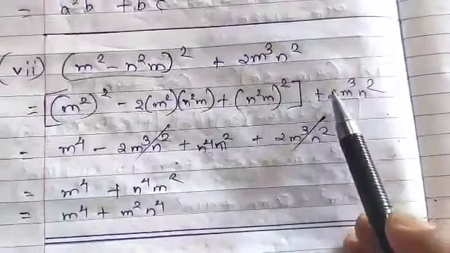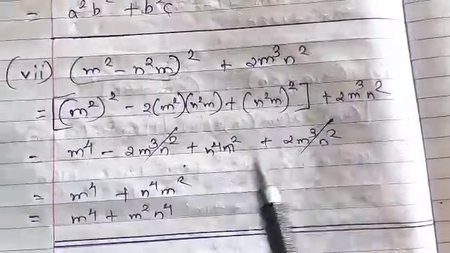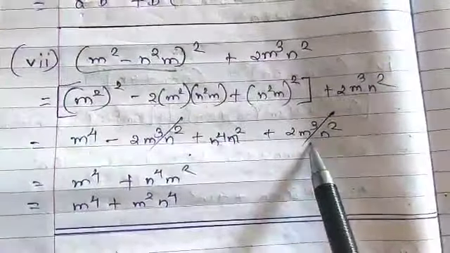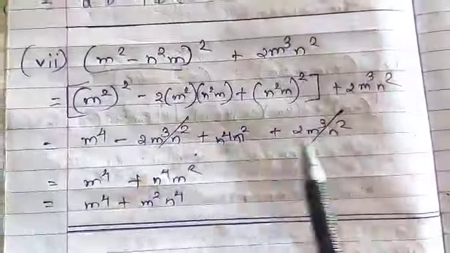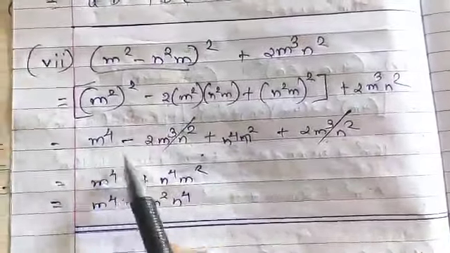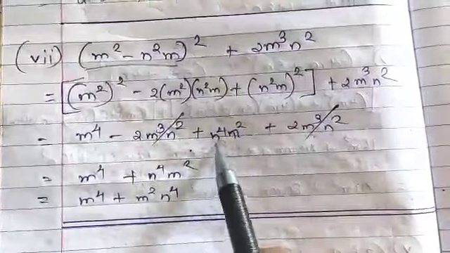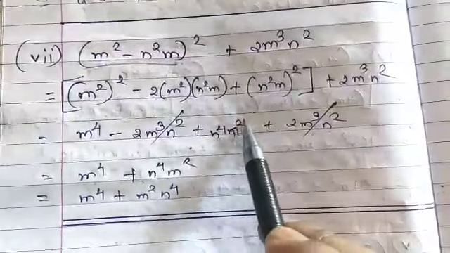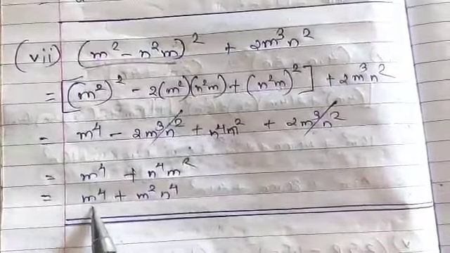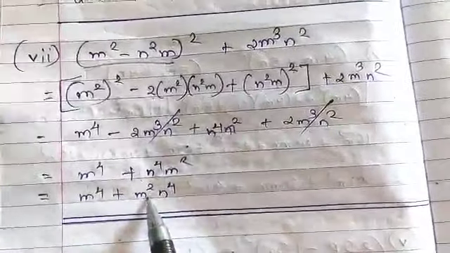Then put the value 2m³n² as it is. Then negative 2m³n² and positive 2m³n² will cancel. So what is left? m⁴ + n⁴m². You can also rearrange this value, that is m⁴ plus you can write m²n⁴.